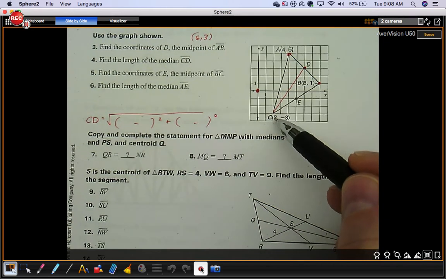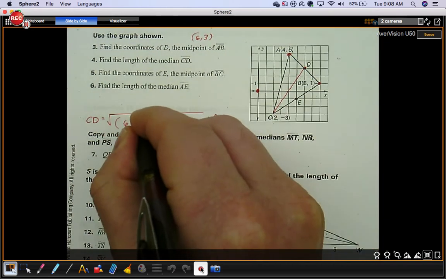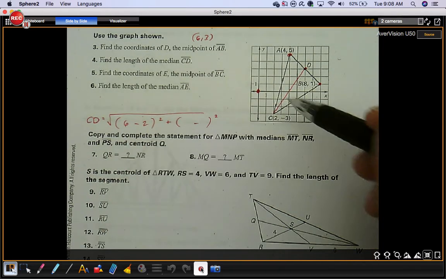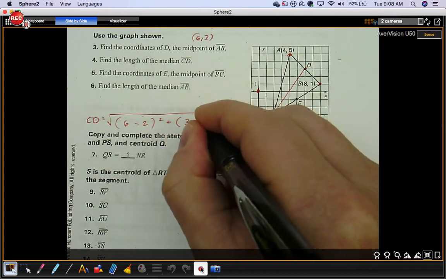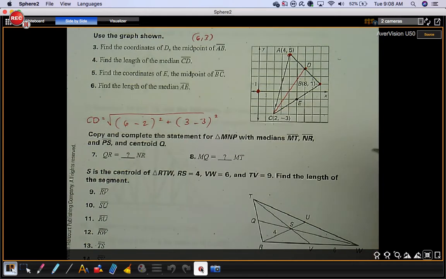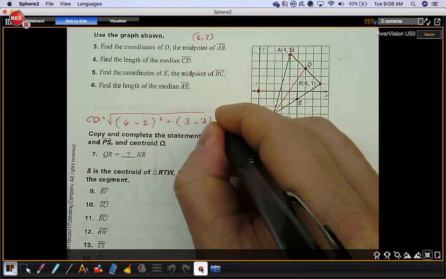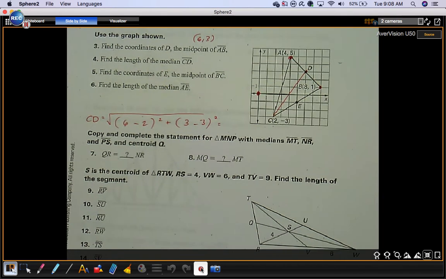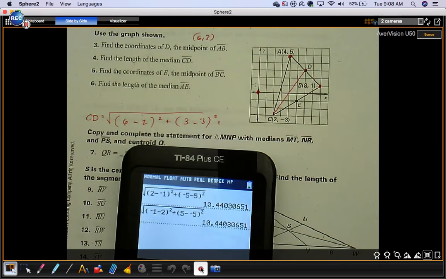We're going to subtract our x values, 6 minus 2. We're going to subtract our y values, 3 minus negative 3. And we're going to take the square root of all of that. I'll type this in the calculator just because it seems like we haven't typed one in a while.